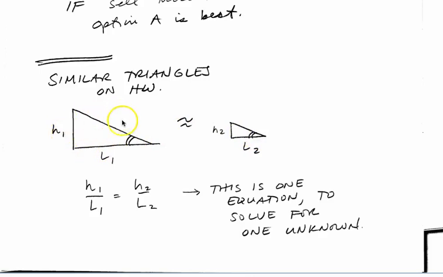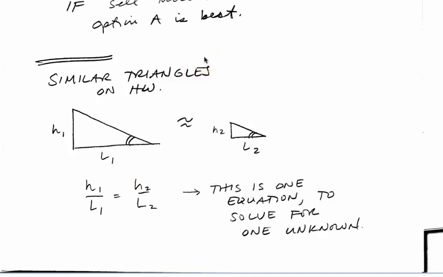Now we could use a ratio of any two sides, but the ratio of the height and the length over here has to be equal to the ratio of height and length in triangle 2. They have to be ratioed, and if they are, then they're similar triangles.